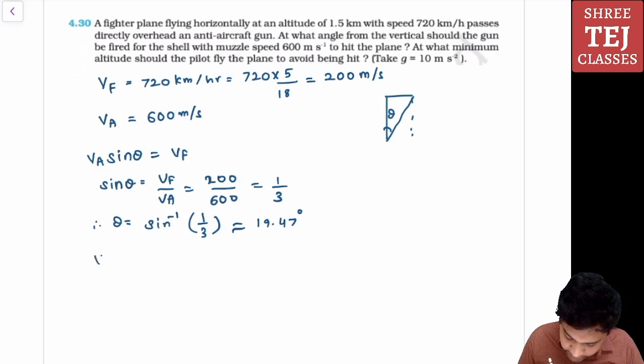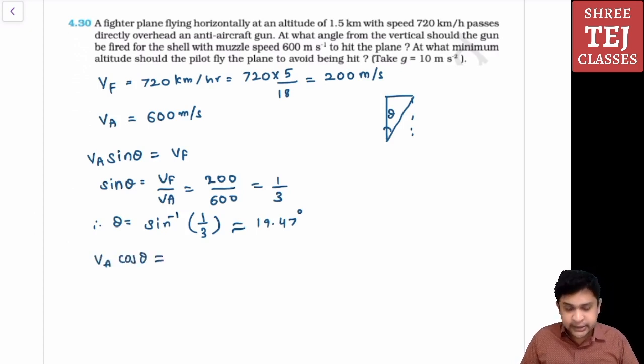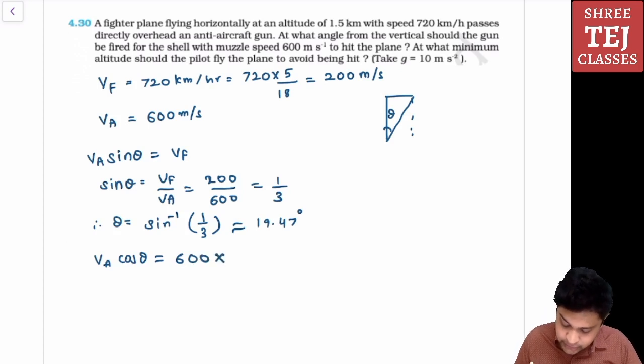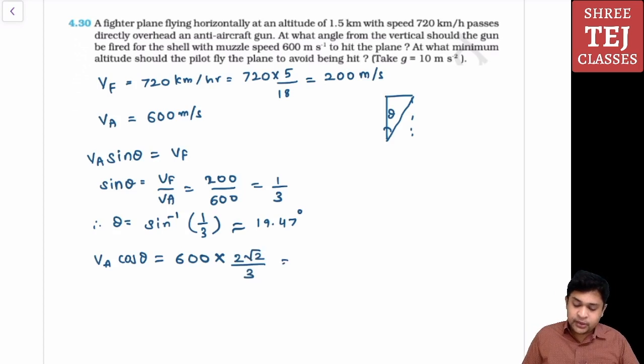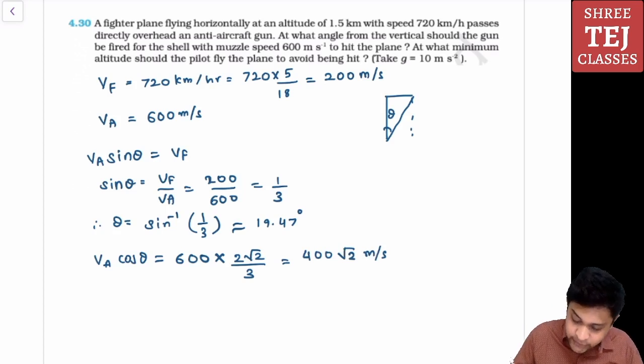That should be VA cos theta, which is 600 into 2√2 by 3. So this would be 400√2 meters per second. So the vertical component would be 400√2. How did I do that?